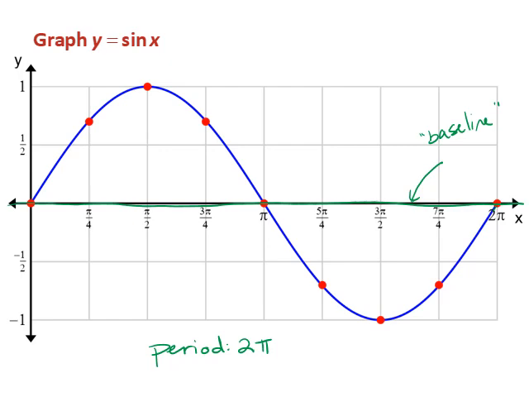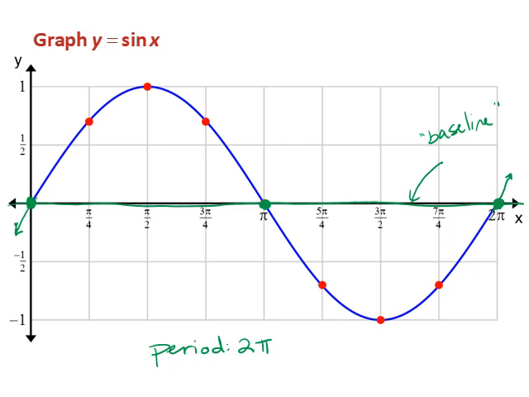Once you get to 2 pi, this curve will continue. It continues to the right forever. Likewise, it will continue to the left forever. The sine curve starts and ends on the baseline, and halfway in between, it is also on the baseline.